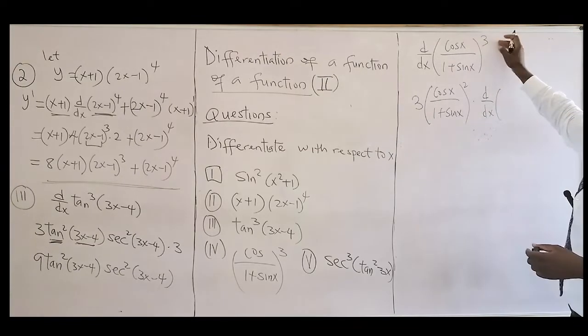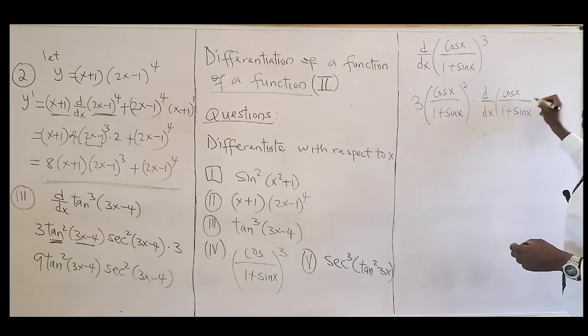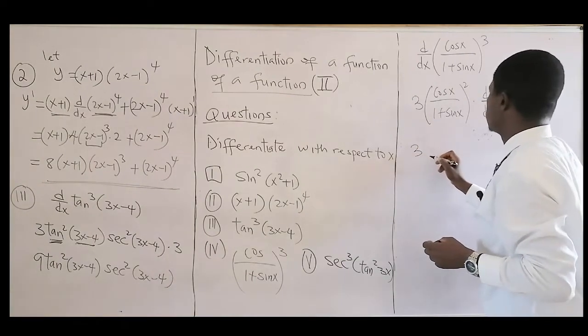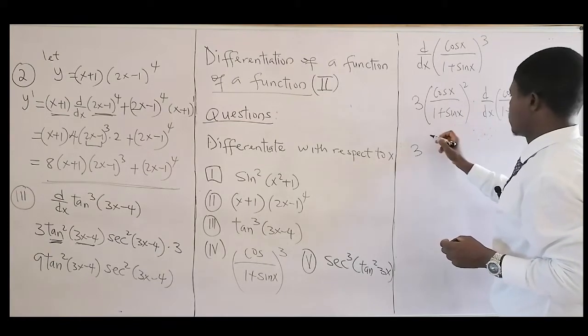We have the base and the power of the base, so the derivative of this, cos x over 1 plus sin x. Okay, I think we can expand this one, or we should leave it for now. Let's leave it for now.